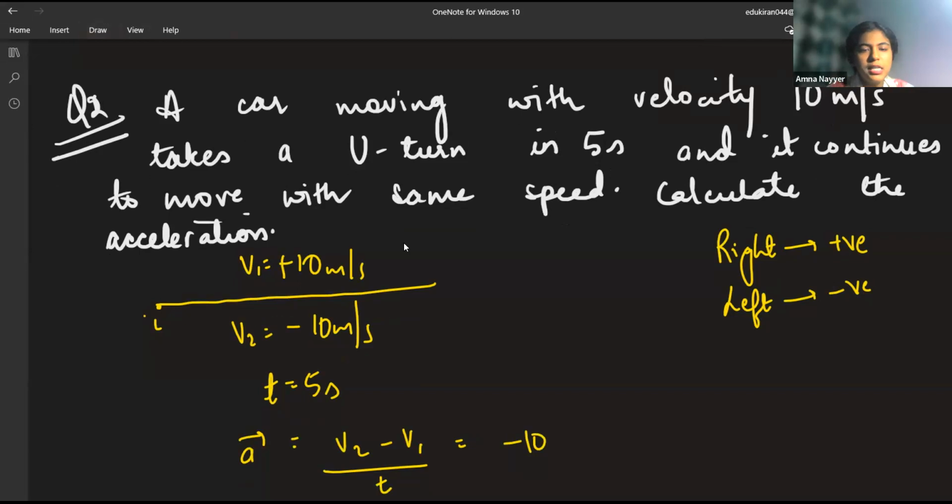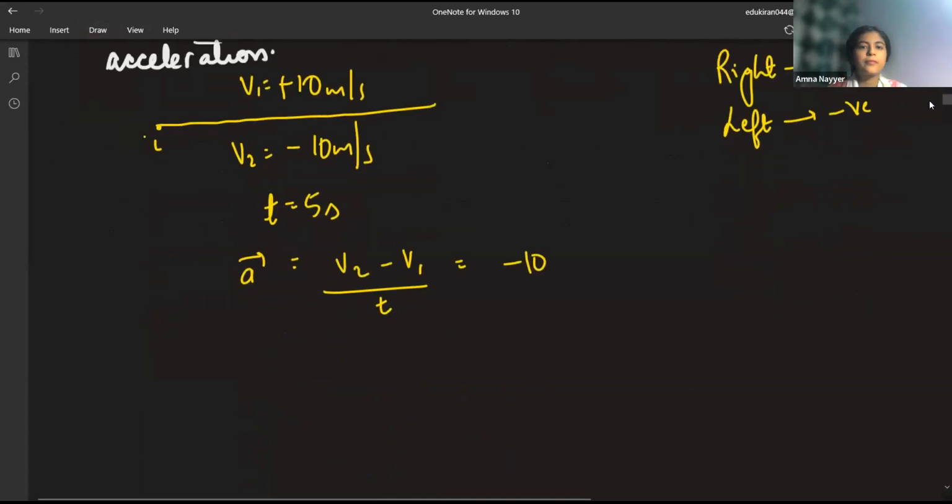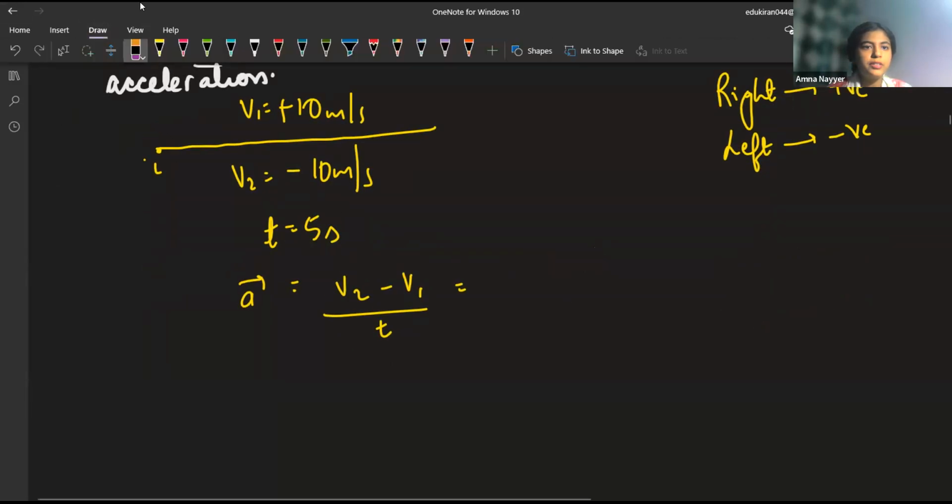So this is minus 10, minus the initial, plus 10. Clear? Let me write it. I'll write both the ways.